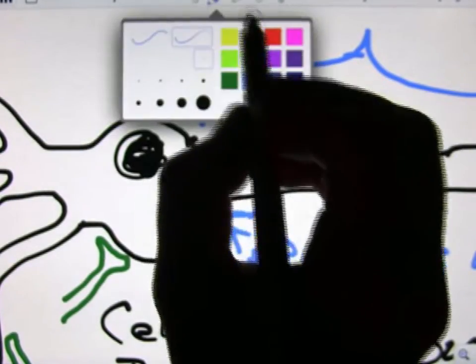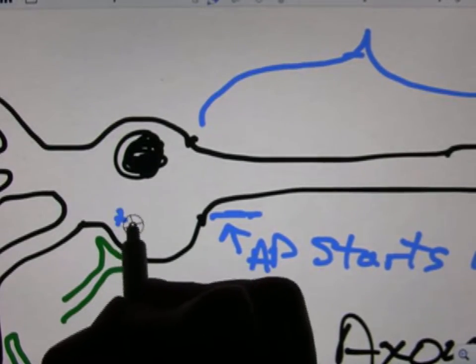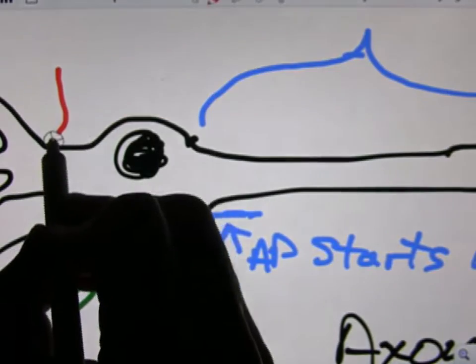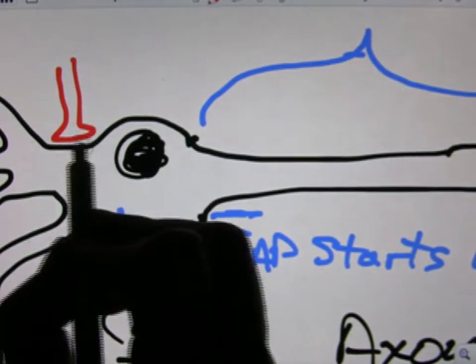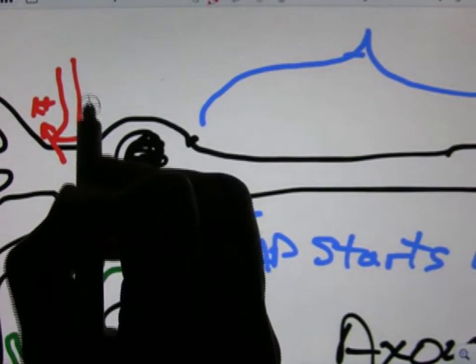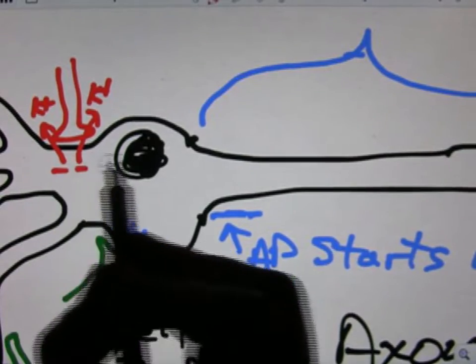So imagine that we have a synapse where we have some positive charge coming in, and maybe another synapse that's opening potassium channels, so potassium is leaving, and that would be negative.